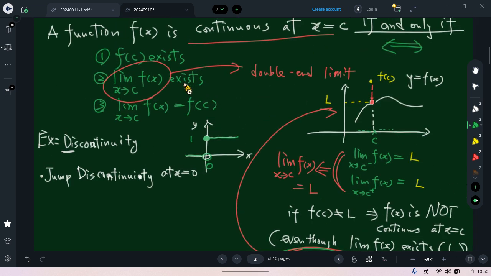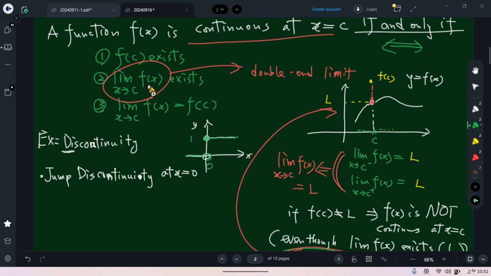So the second rule will not hold, right? Even though f of 1 exists, even though the two single-sided limits exist, however, these two single-sided limits are not the same.